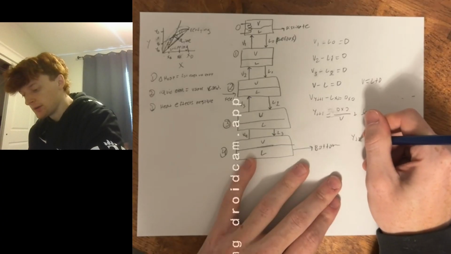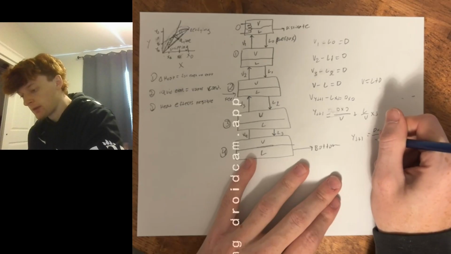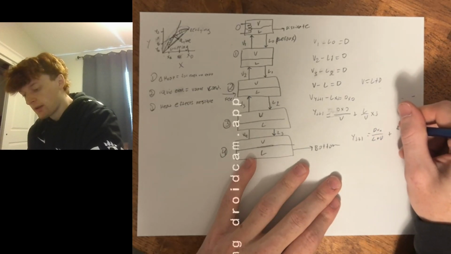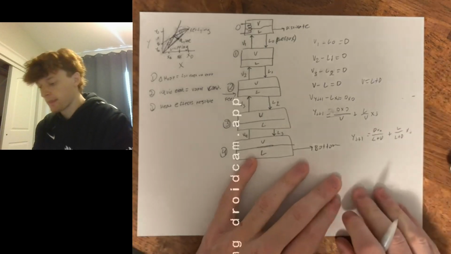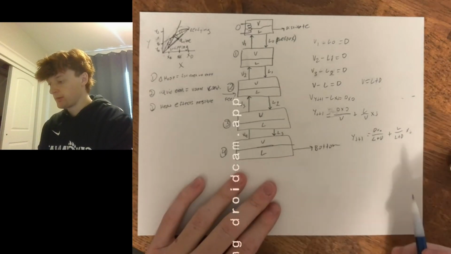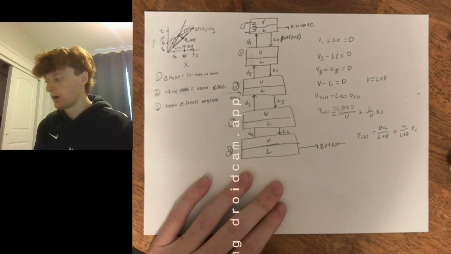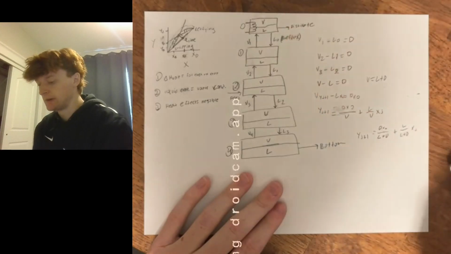We have Y_{j+1} is equal to D x0 over L plus D plus our L over L plus D x_j. Okay, and the next thing that's going to model our rectifying line is our reflux ratio.